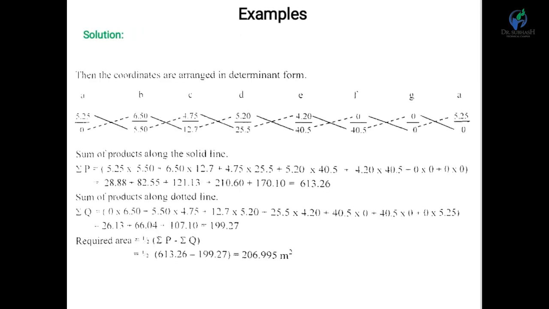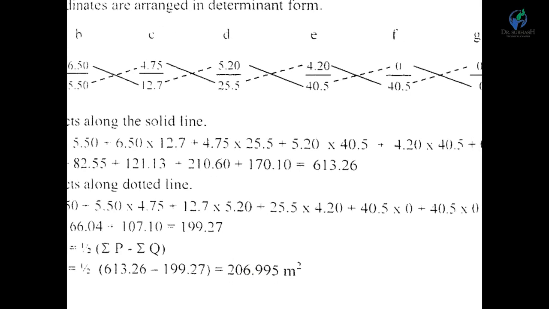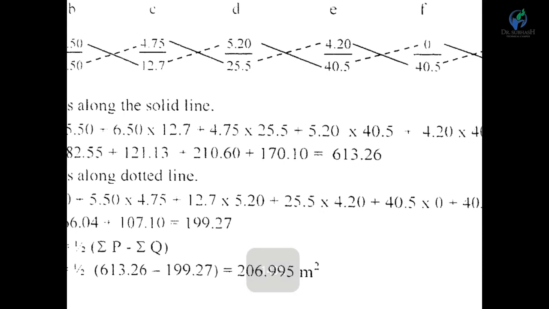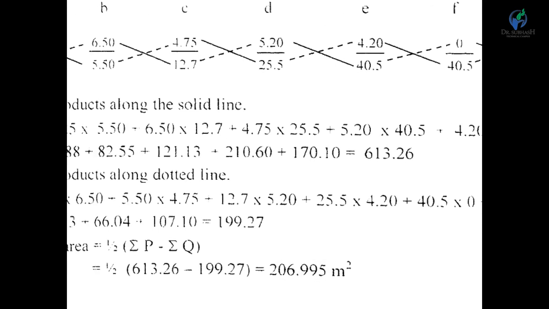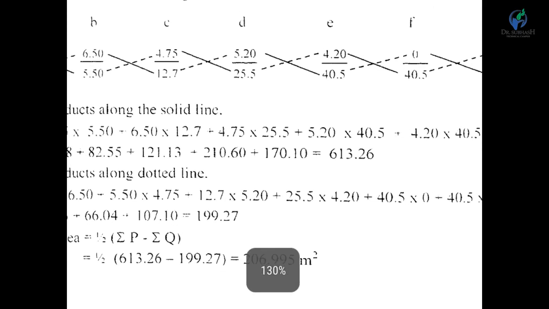First we arrange all the ordinates into the x and y format, and now we cross multiply each ordinate and sum them as per the previous methodology. For finding sigma p, we multiply the ordinates along the darker line, plus the products along the other darker lines, and we get the value of sigma p.